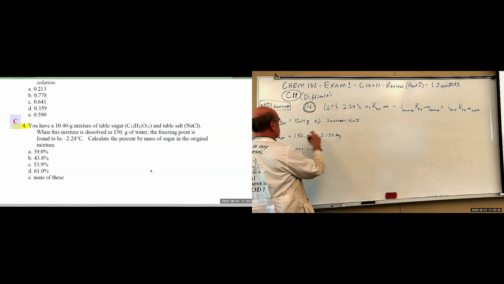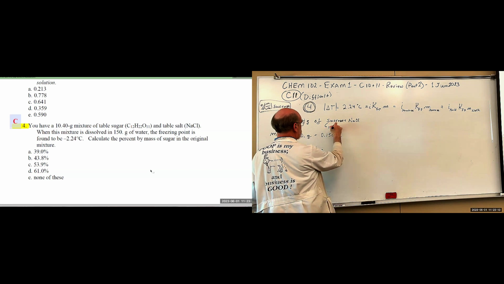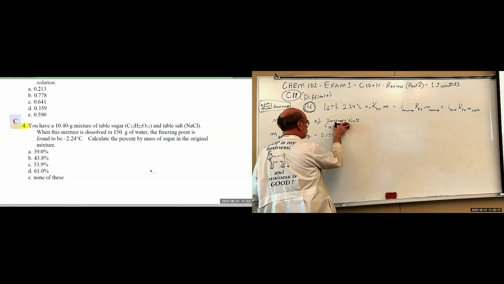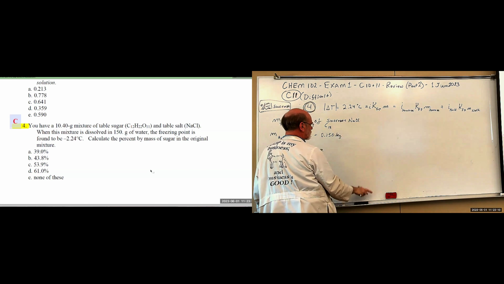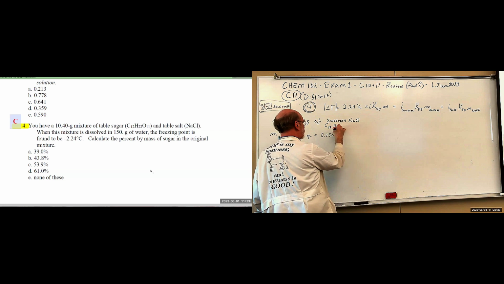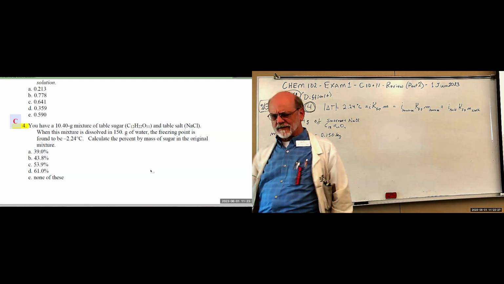So sucrose is C12 H22, yeah, H22 and then O11. So for the molar mass, I need a calculator for this one.